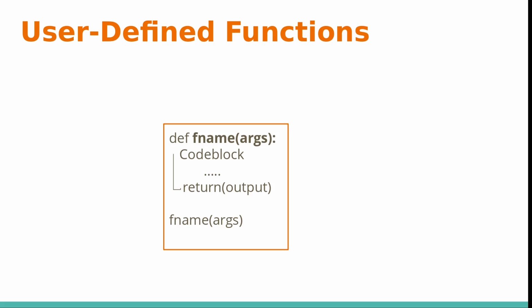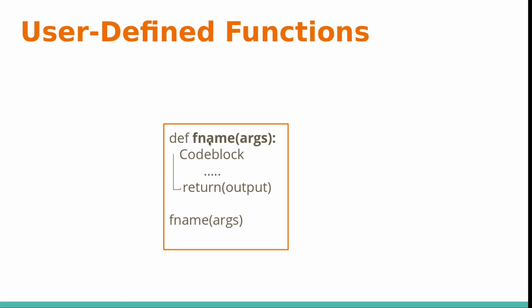To define a function, you make use of the def keyword, def, all in lowercase, and the def tells the Python interpreter that you want to write a function. And that function has a name. Here I'm calling it fname. And the function has inputs. Those inputs are what are called arguments of a function.